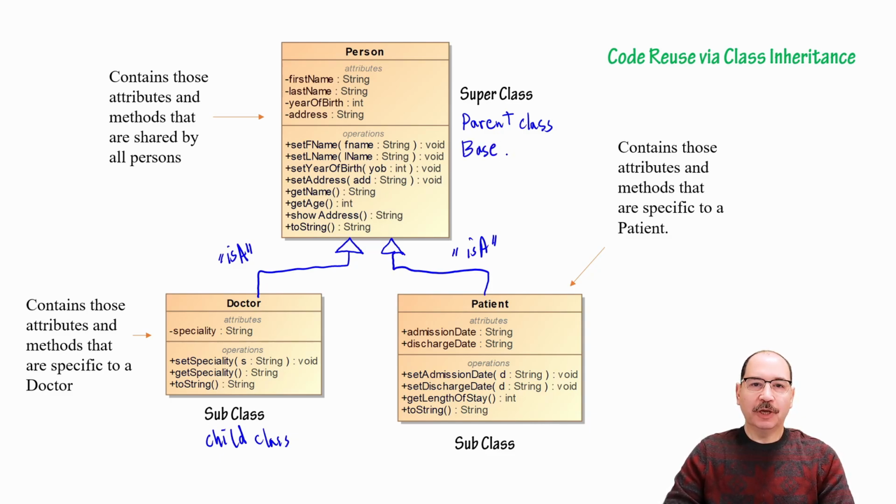So person may be called a superclass, parent class, or base class, and in this case the doctor class can be called a subclass, child class, or derived class.